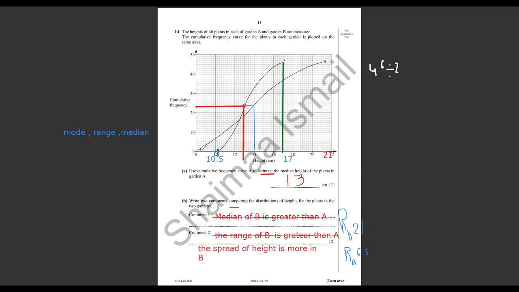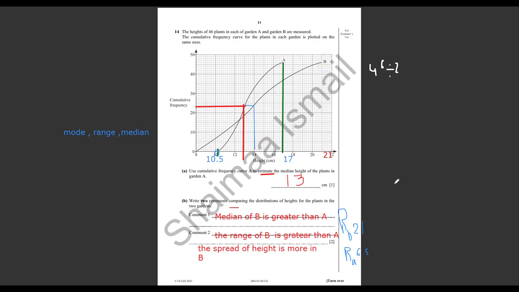Here we see that B is growing more with the same number of days. It's clearly growing more than A, with the 46 plants difference in gardens.